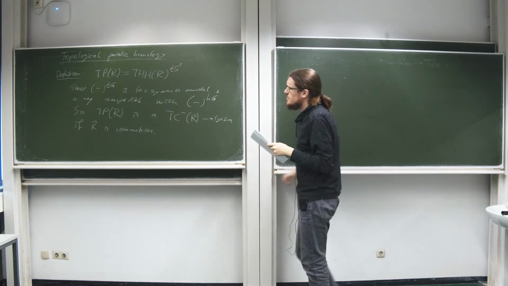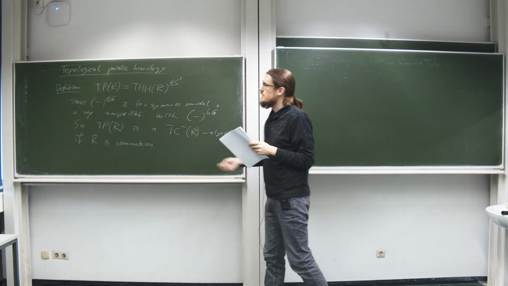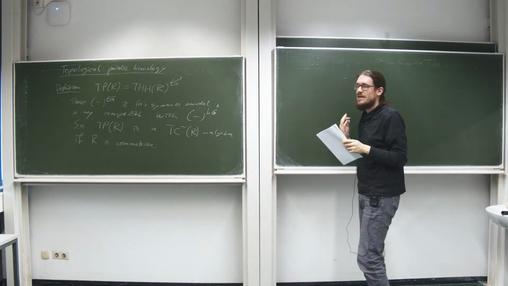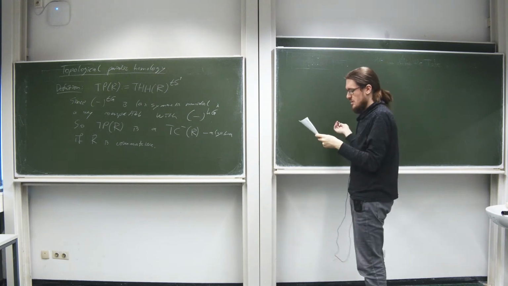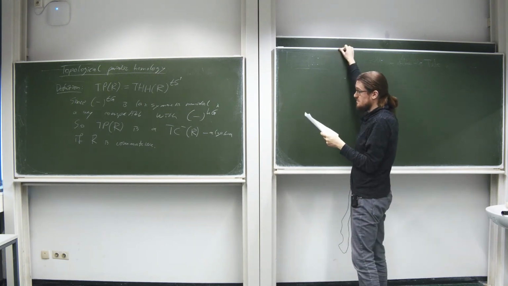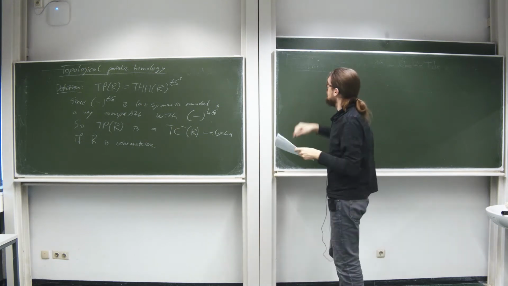Right, and so how would we compute this? Well, it turns out we can do a similar thing as we did for negative cyclic homology, namely, negative topological cyclic homology, I should say. Namely, there's a spectral sequence.